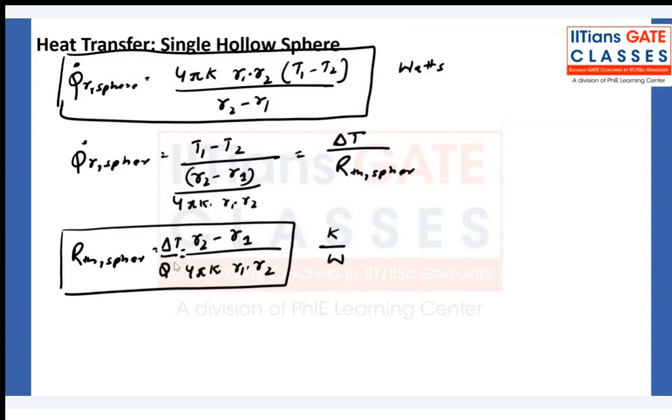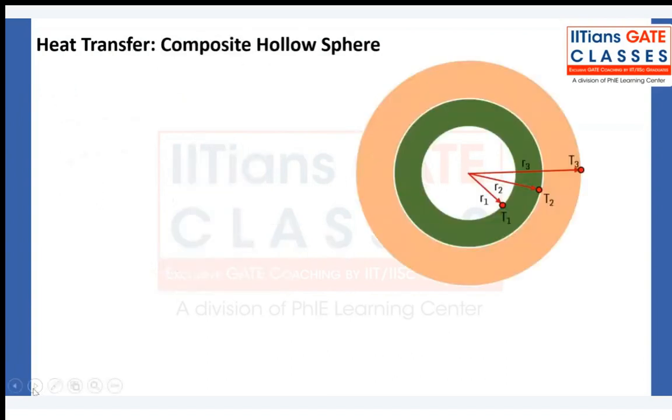Now the same concept we are going to apply for the composite hollow sphere, like we did earlier. I don't think I need to explain a lot here. There is a fluid inside with heat transfer coefficient h inside and temperature T infinity inside. Outside fluid is there with h outside and T infinity outside, and the surface temperatures are T1, T2, and T3. So can I draw a thermal circuit?